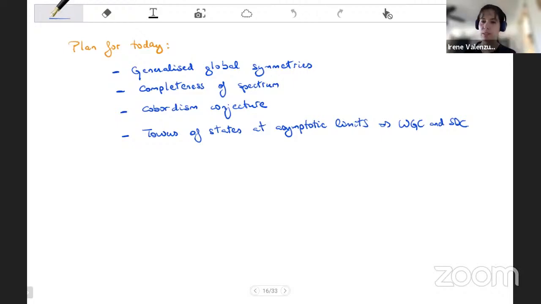And also the cobordism conjecture, which will also be a generalization of the type of symmetry that is not allowed in quantum gravity. Okay, so this will be the main thing. Depending on how we go in time, maybe we start already discussing the towers of states that appear at the asymptotic limits when we try to make a global symmetry very approximate. So then we will start discussing what happens if we break the symmetry a little bit, how much we can do it, and how to quantify this in terms of the weak gravity and the distance conjecture.